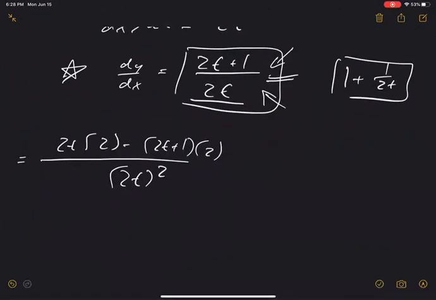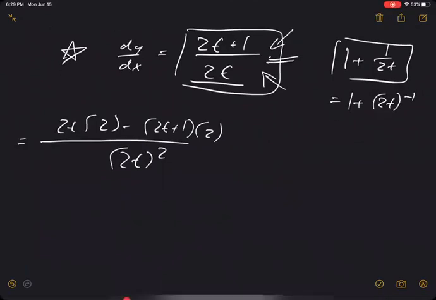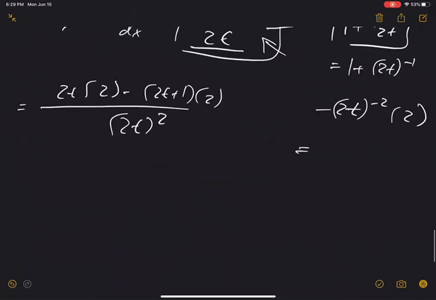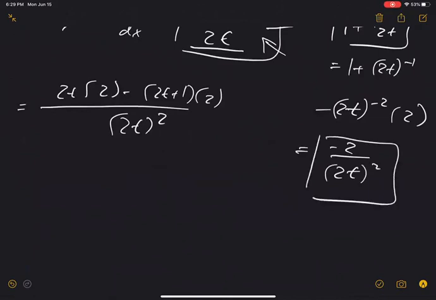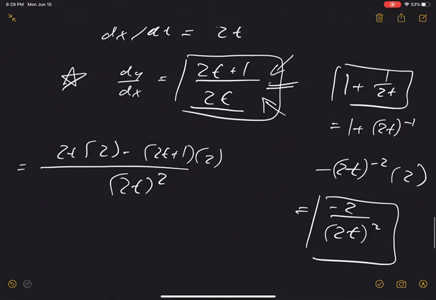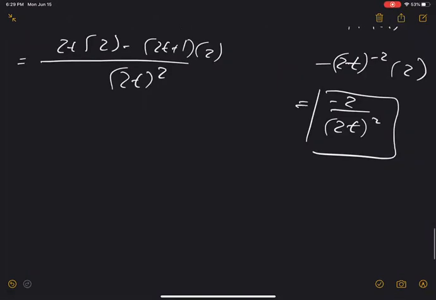I could rewrite this as 1 plus the quantity 2t to the negative 1, and then the derivative would be negative 2t to the negative 2 times 2. So maybe it's a bit easier solving it that way, first simplifying and then taking the derivative. But we still haven't found the second derivative.